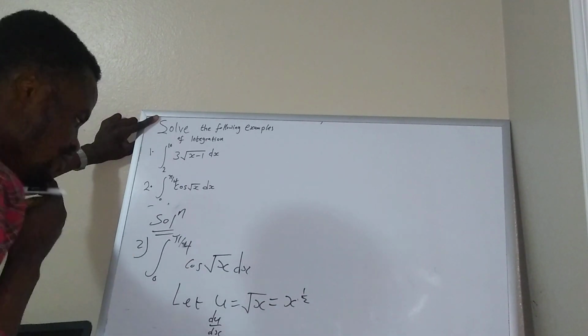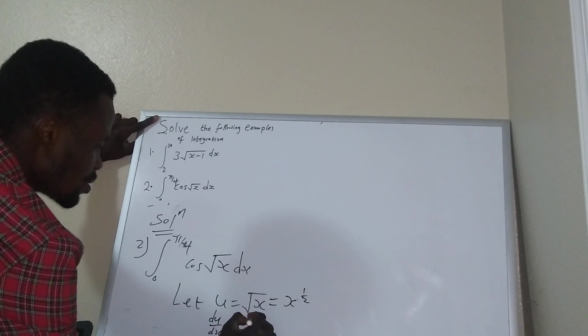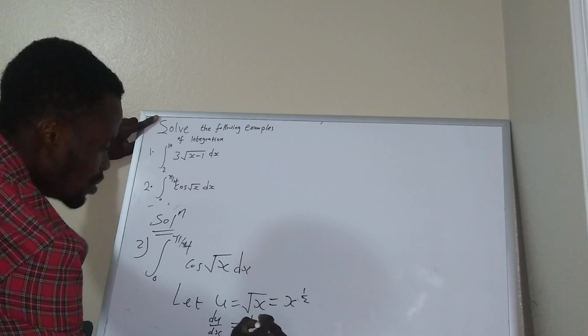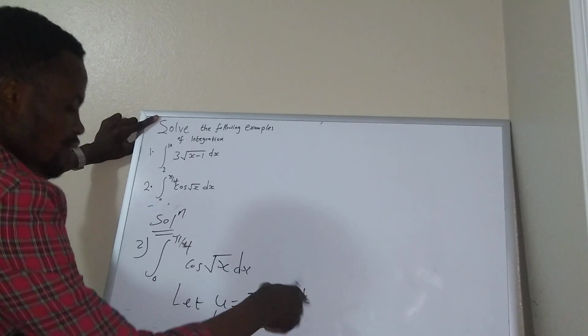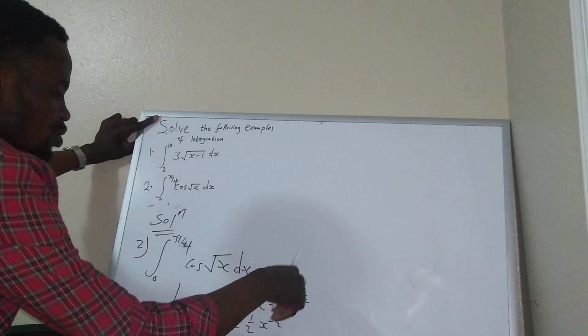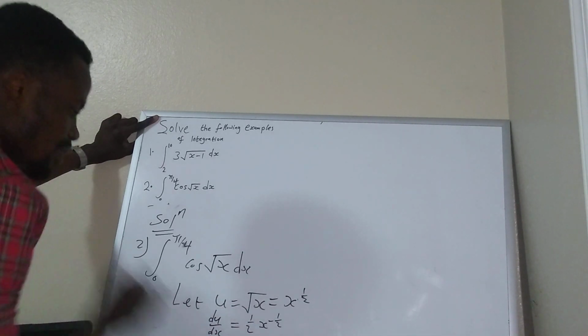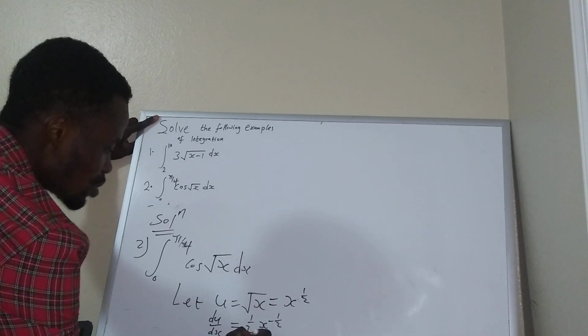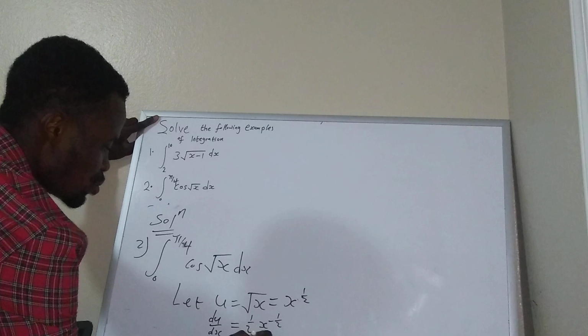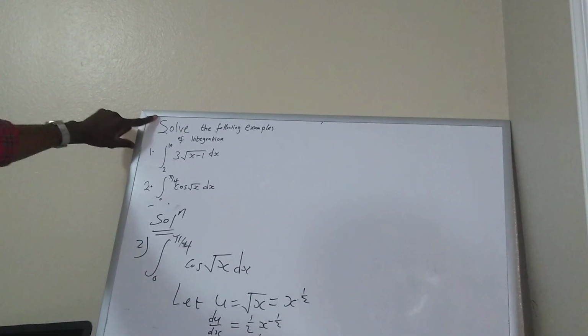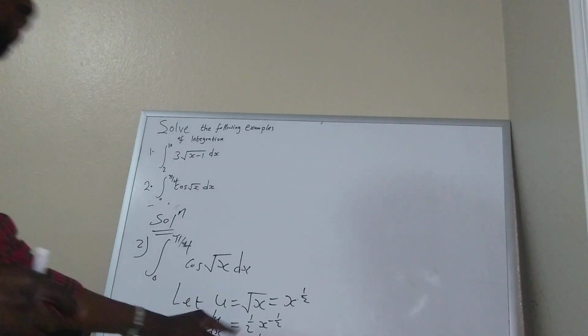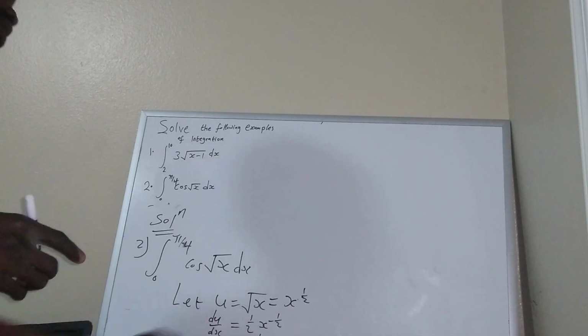Okay, so if you find du dx, you're going to get 1 on 2, then 1 over 2, because you're going to subtract 1 from the half, and you get something like this, which is equal to 1 on 2 root x. Okay, so here we are trying to find a dx.